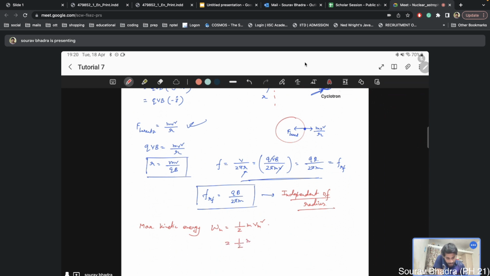So from here you can write Vm as Rm times qB by m, and there will be an m square. Now if you calculate, it will be q square B square Rm square by 2m. So Rm is the maximum radius.